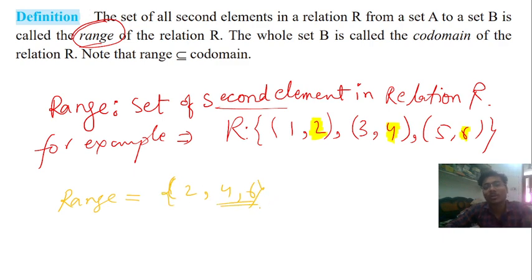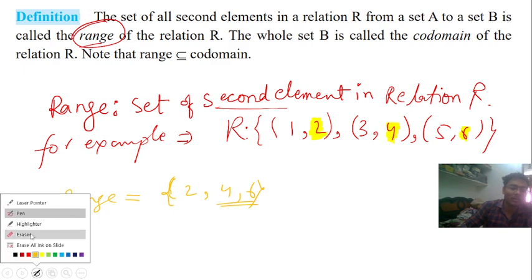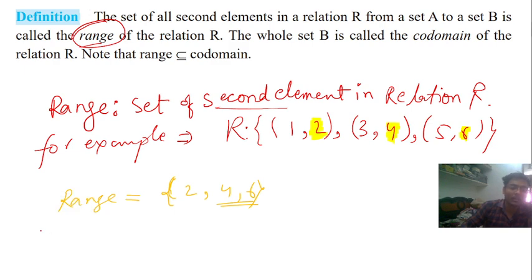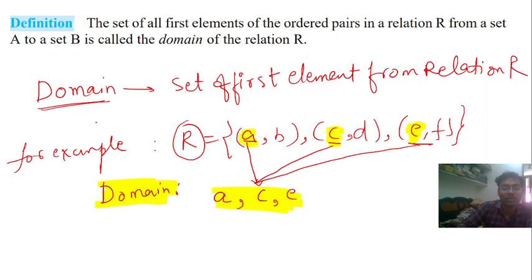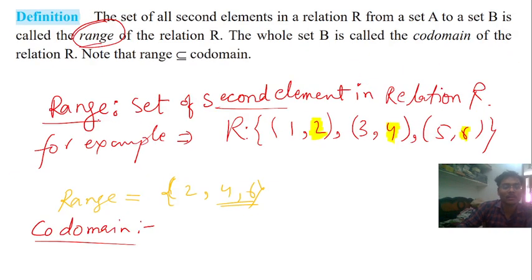Now the whole set B is the codomain of the relation. Another thing here is the word codomain. As we defined domain, then range, we will now define the codomain.